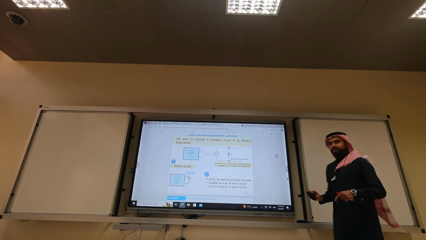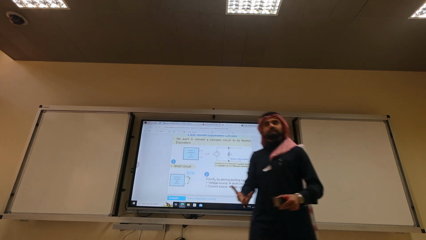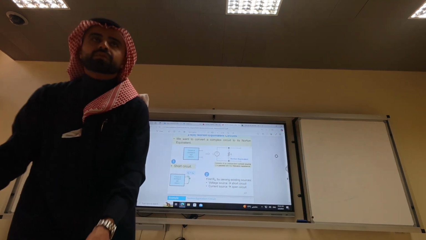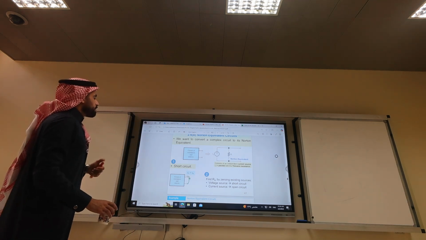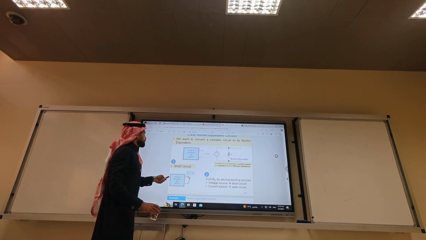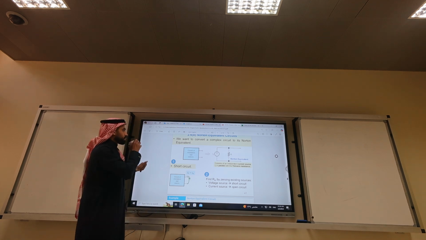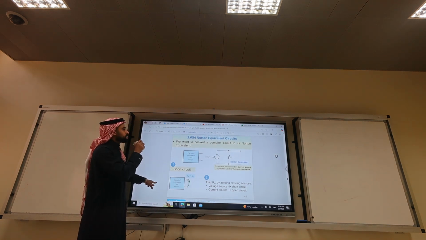Remember I told you current sources, you cannot manufacture them in real life? So that's one of the other reasons. So we find R Thevenin. We want to convert a complex circuit to its Norton equivalent.